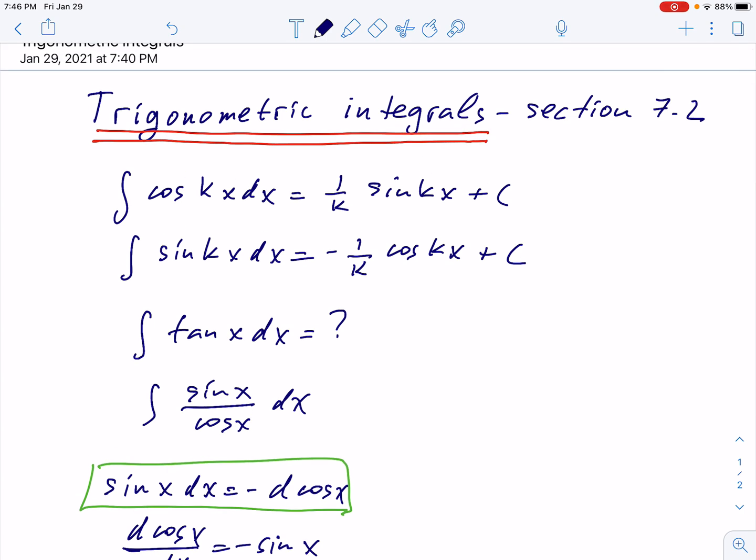the integral of tangent. Look here on the top, you have the product sine x dx, so I'm writing immediately negative d cosine x over cosine x. We can put the negative outside, and now this is d cosine x over cosine x.